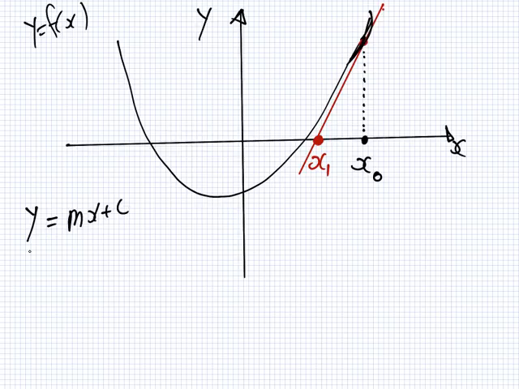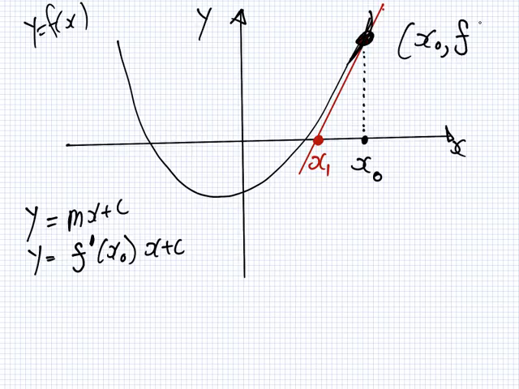So y equals f'(x0) x plus c. And how can I find c? I use a point. I only have one point. Here it is: x0, f(x0). You see that? So let's put that point in.